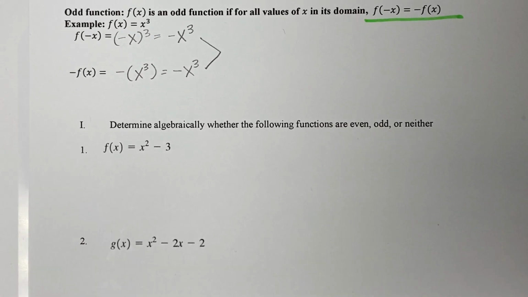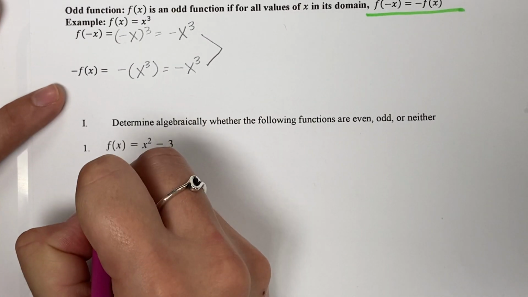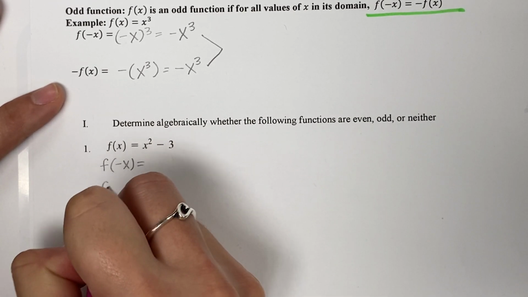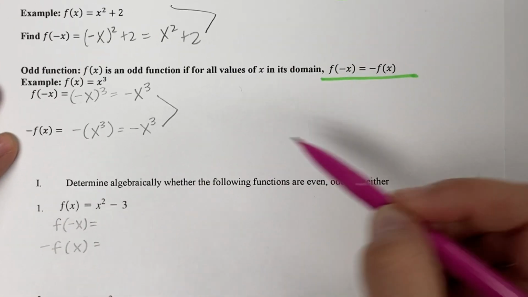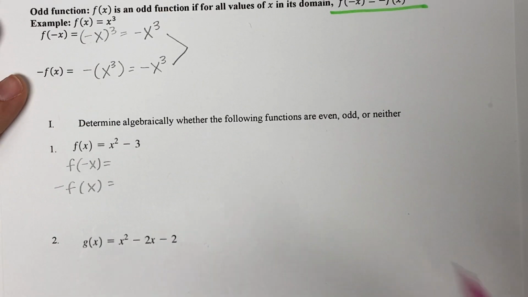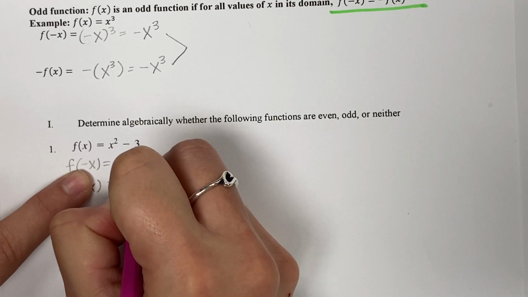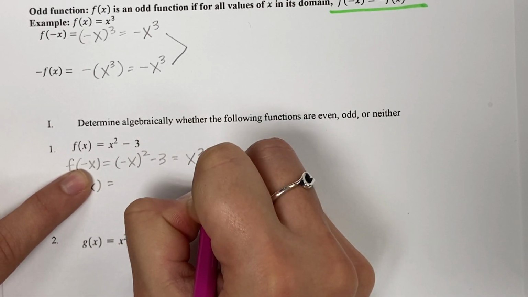So now that's what we're gonna do here. So I'm gonna give you the original function. You're gonna have to find f of negative x and negative f of x. Based on the answers for these three, determine which ones are equal to decide even or odd. So if I plug in a negative x first, a negative squared is positive.